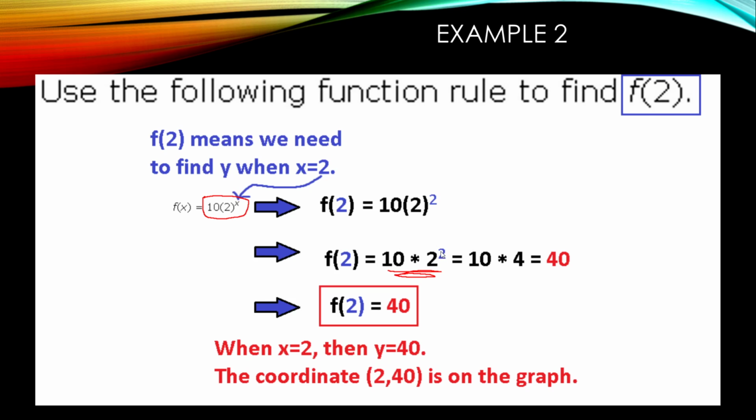We know that 2 squared is 4. 10 times 4 is 40. So this means that when x is 2, then y is equal to 40. The coordinate (2, 40) is also on the graph. Okay? But this is what we're actually solving for on the IXL. This is what it's asking for. And then this down here is what it actually means.